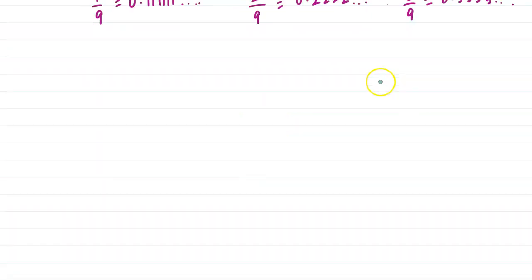So the next one is 23.43 bar. Now if we assume that x is equal to this, so we can say x is equal to 23.434343, and these two endlessly repeating. Now I don't want this repeating part to be there.